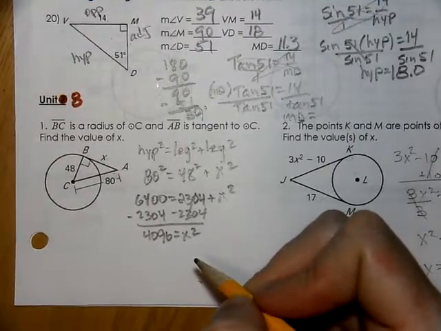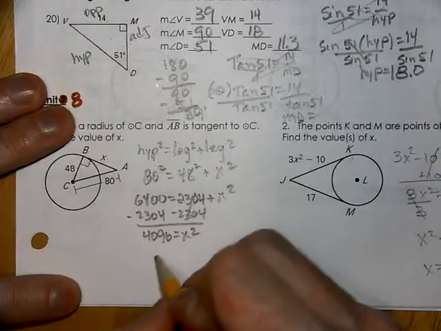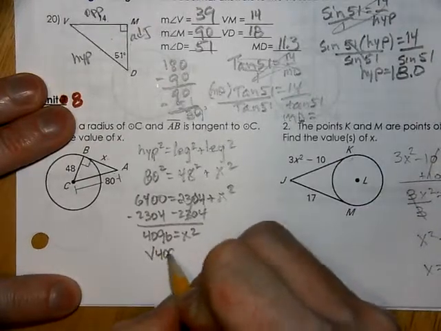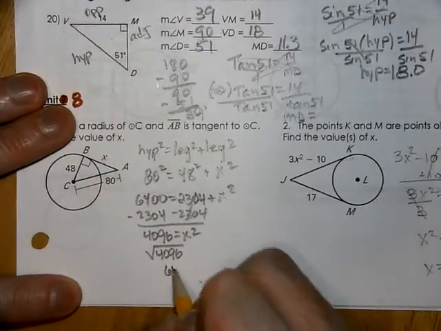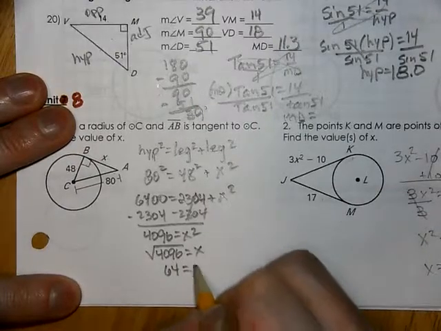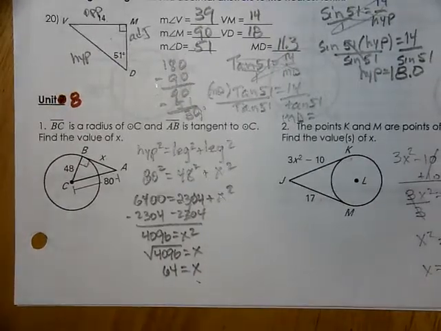And by taking the square root of that, we find out that x is 64.